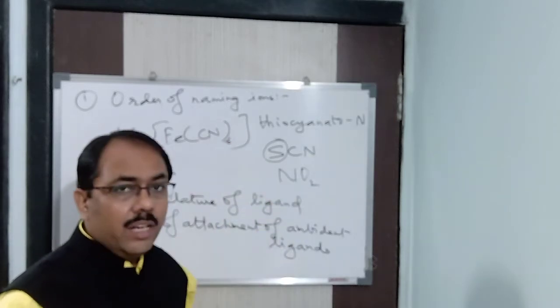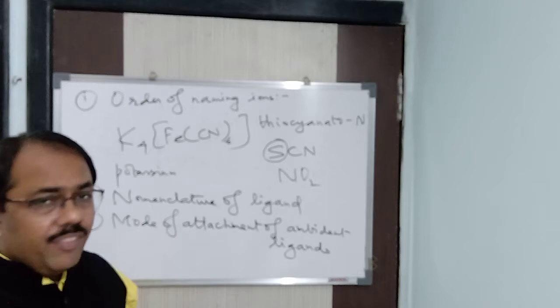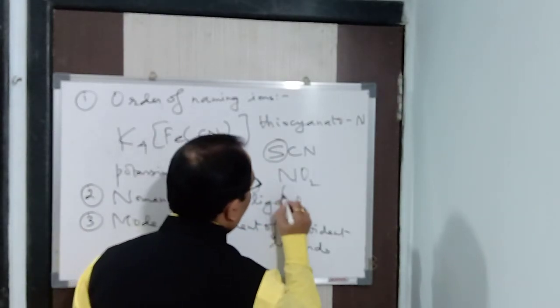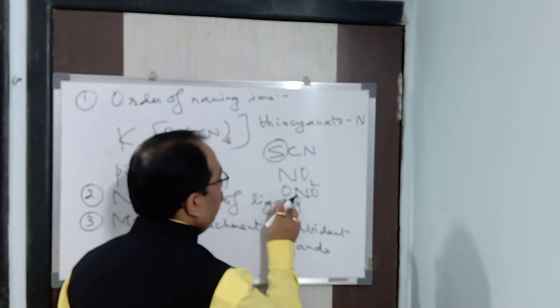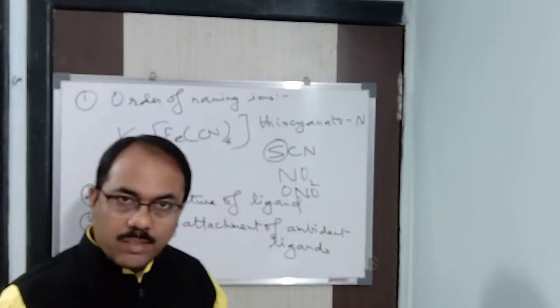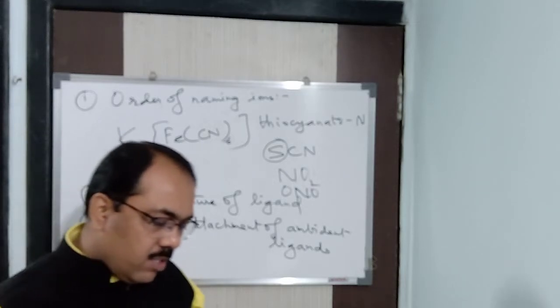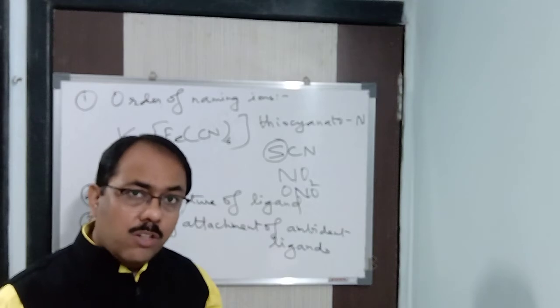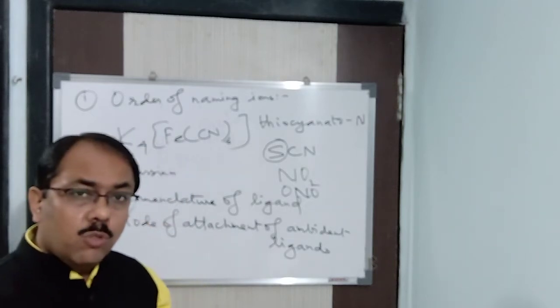For example, here it is NO2. If it is attached through nitrogen, we will say nitro. If it is ONO, we will call it nitrito. So here two different names are there. Hence you need not write nitro-N and nitro-O, because the two names are different.